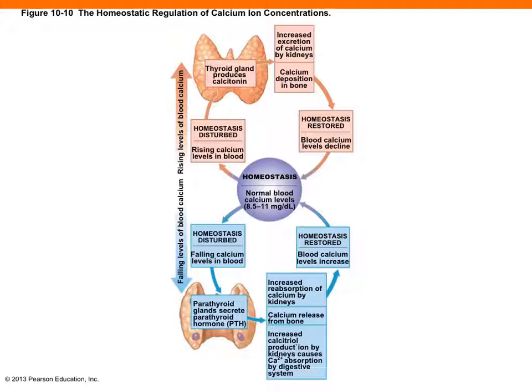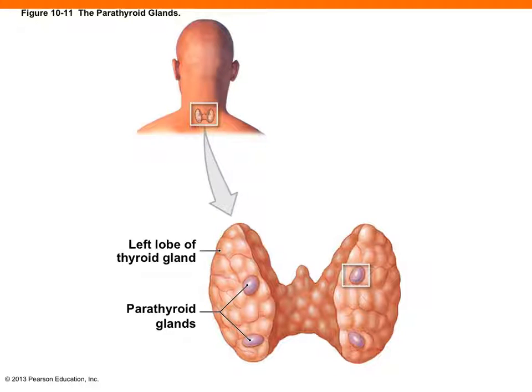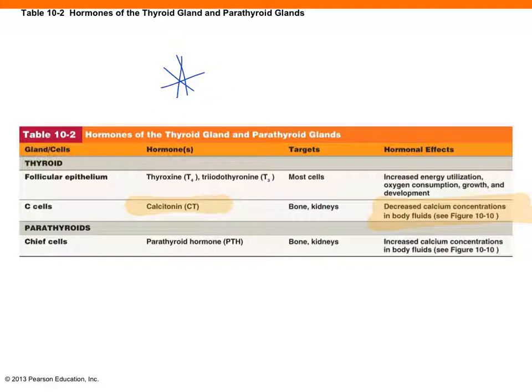This shows you the unique relationship between the thyroid glands and the parathyroid glands, and they help maintain calcium balance in the body. Make sure you know this table, and again, this tells you the unique connection between the thyroid and parathyroid glands, and thyroxine, calcitonin, and parathyroid hormone.